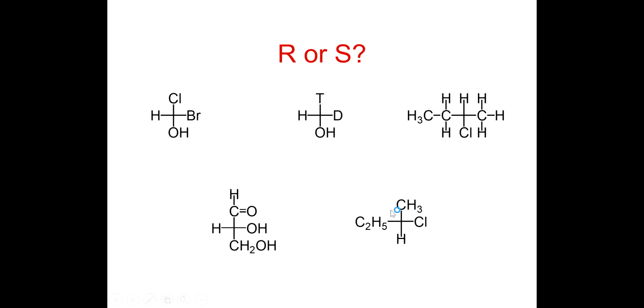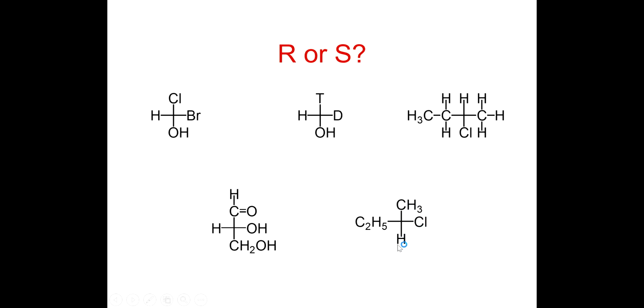So we need to put the lowest priority, which is hydrogen in this case, away from us. So this is the Fischer projection. The vertical bonds here are away from us, and the horizontal ones are toward us. So for this case, hydrogen is away from us, right?